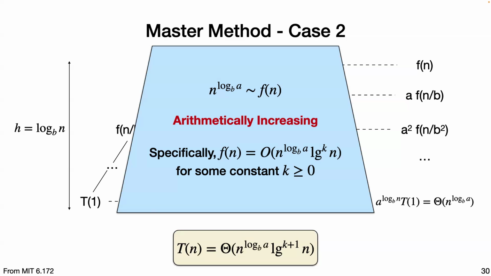So if f(n) is similar to the number of leaves times some polylog factor in n, then the solution to the recurrence is the number of leaves times one more power of that log. Because you had log levels and you had log work at each of them, roughly.